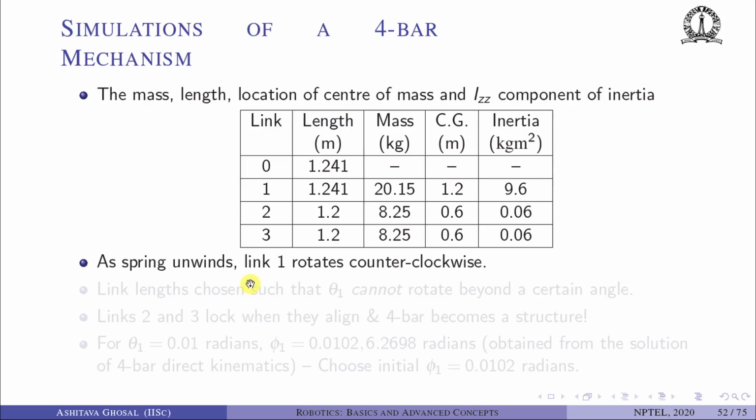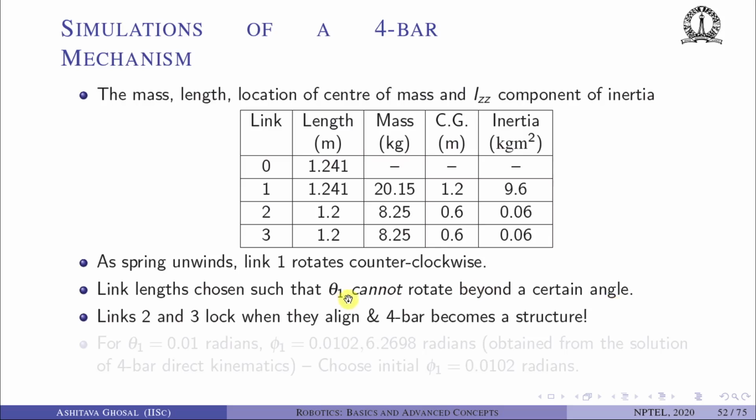As the spring unwinds, link 1 rotates counterclockwise, as I showed you. Link lengths are chosen such that theta 1 cannot rotate beyond a certain angle. Link 2 and 3 lock when they align, and the 4-bar becomes a structure. After some angle, link 2 and 3 are parallel, and there is a mechanism which will lock that joint.